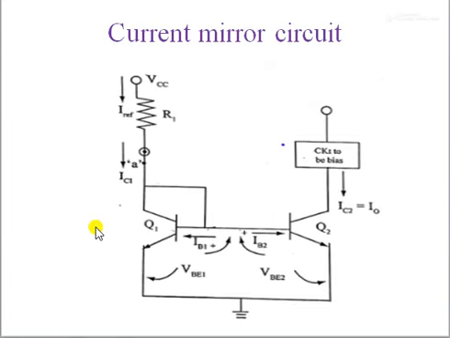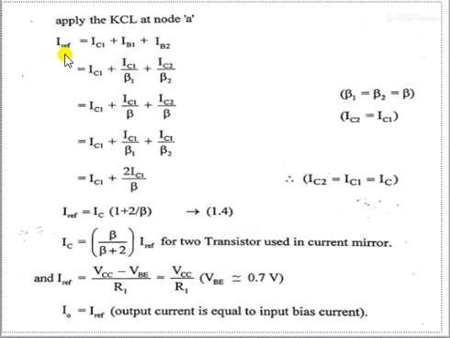Now let us apply KCL at node A. Applying KCL at node A, we see that the current I reference is equal to IC1 plus base currents. The base current IB is divided into IB1 plus IB2. That is, I reference is equal to IC1 plus IB1 plus IB2.